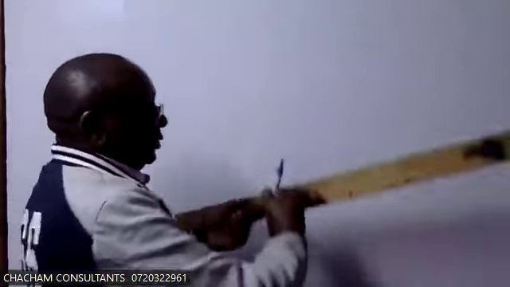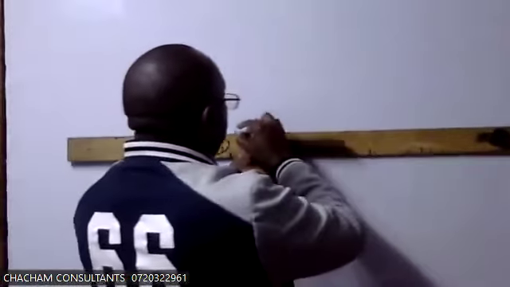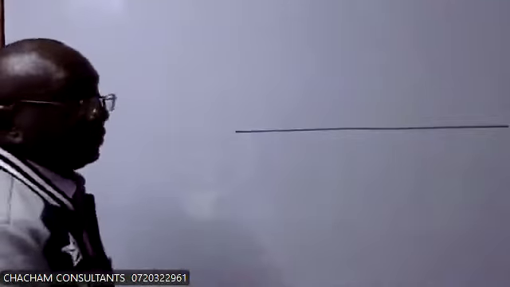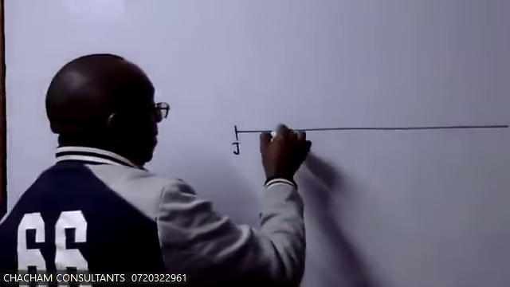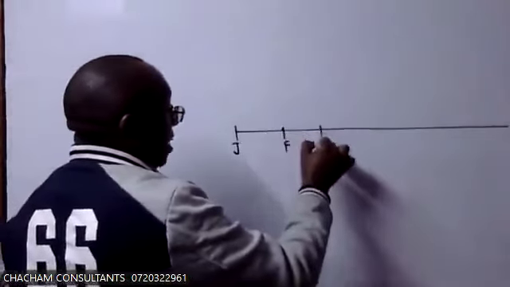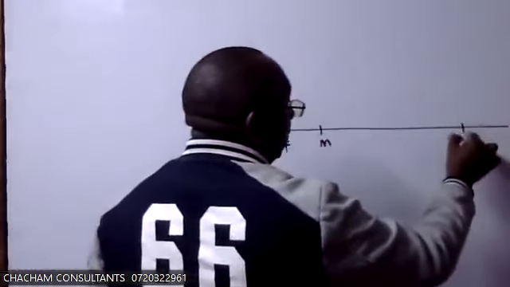Rolling budgets. Now we discussed this in our notes. And just to remind you, if this is January, then you have February here, March, all the way to December here.